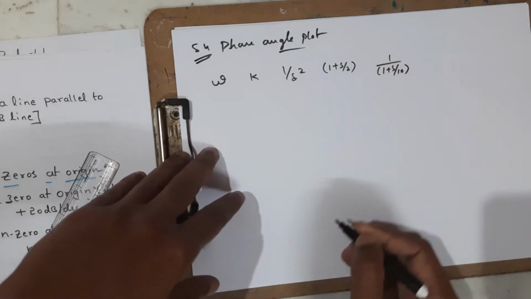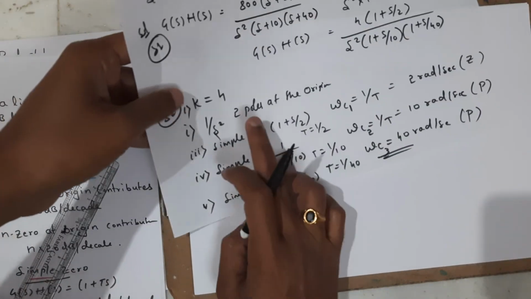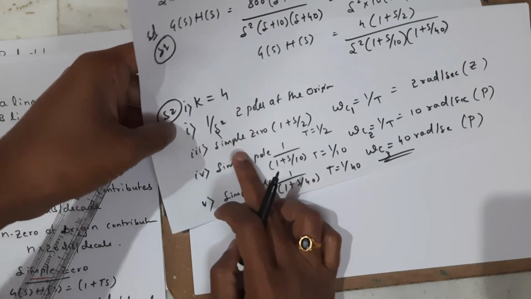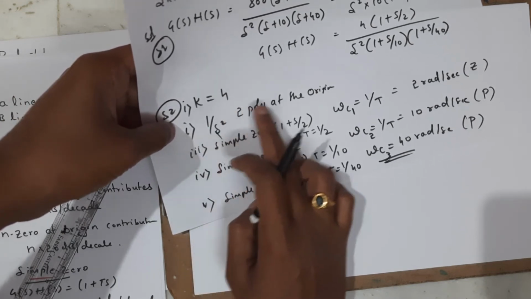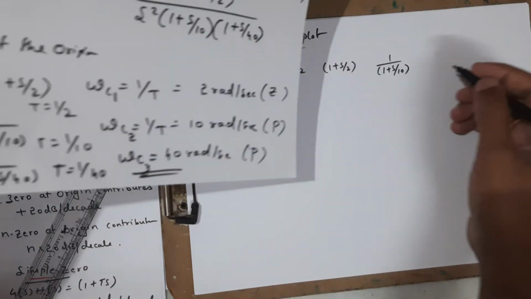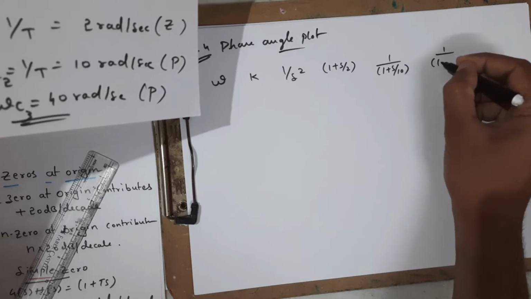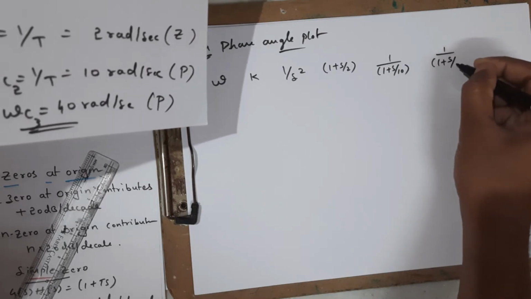So we have 5 factors: K, 2 poles at the origin, a simple zero, a simple pole, and another simple pole, 1 by 1 plus s by 40.